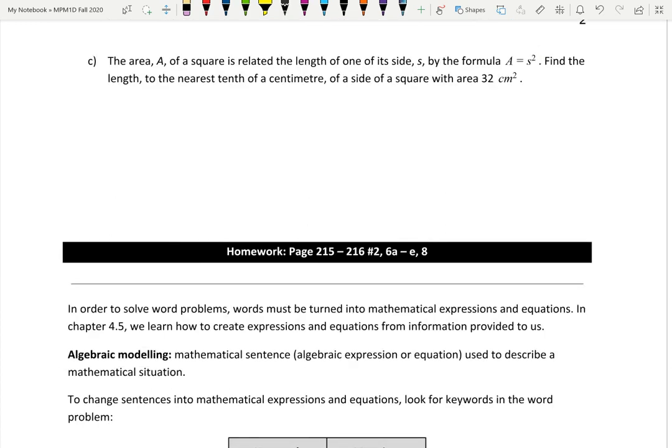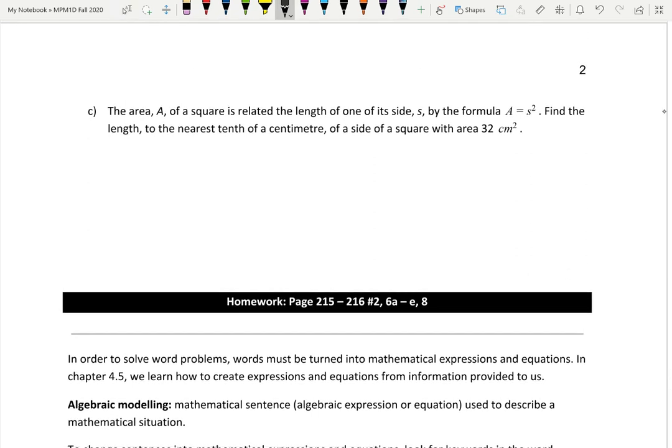Next, C. The area, represented by capital A, of a square is related to the length of one of its sides, S, by the formula A is equal to S squared. So we know that area, going back to area of rectangle, is length times width.